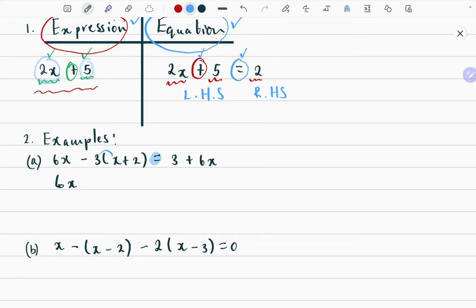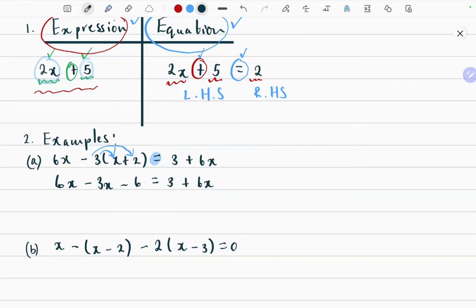Minus 3 times x is minus 3x, and minus 3 times 2 is minus 6, equals 3 plus 6x.